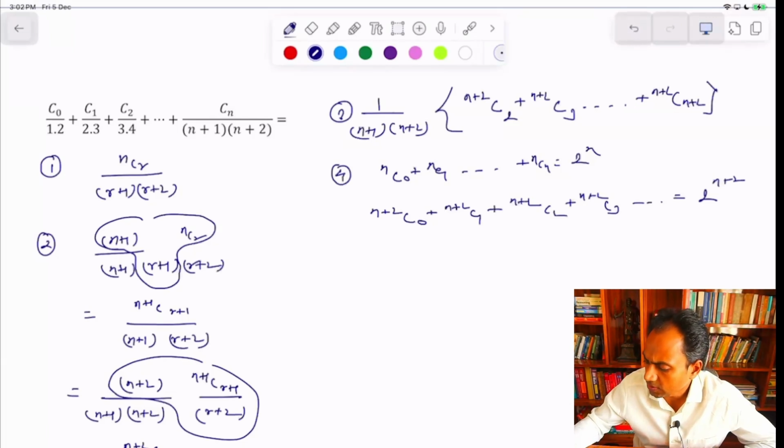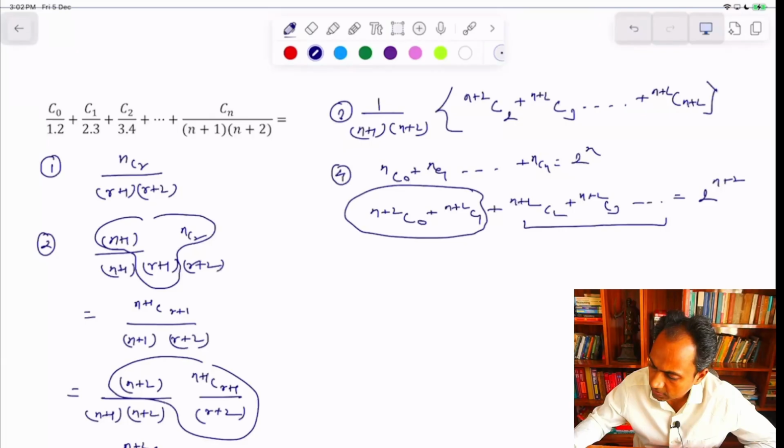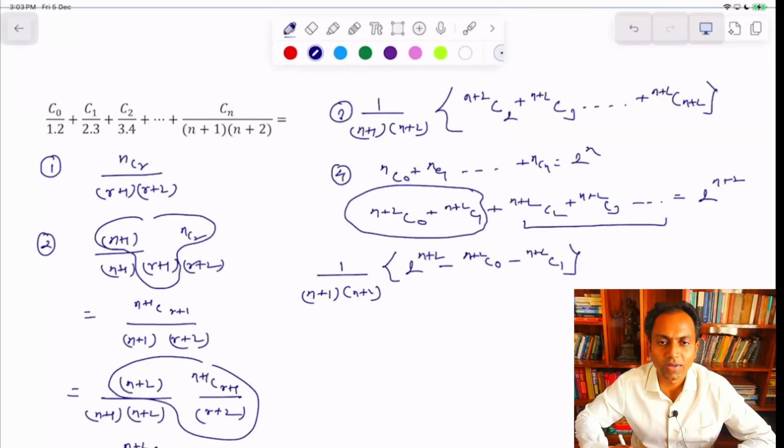So once you have got this, you can see that we want the sum of these terms, so these terms will have to be subtracted from the right hand side. You can see that as a result, the answer of my series becomes 1 upon n plus 1, n plus 2 times 2 raised to the power n plus 2 minus n plus 2 C0 minus n plus 2 C1. We can simplify and get the answer.